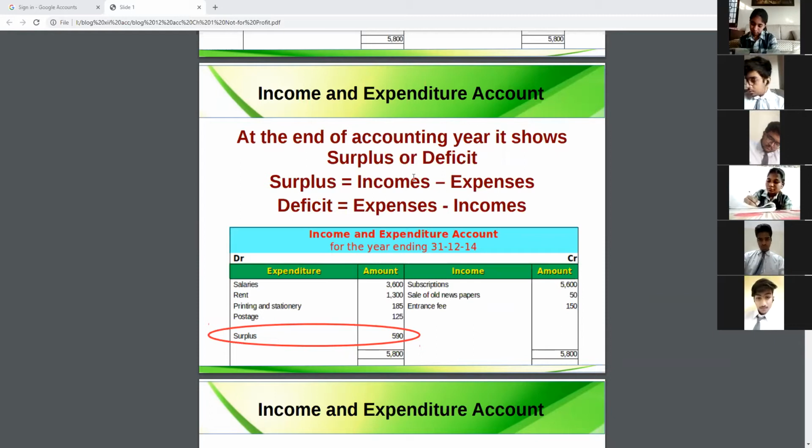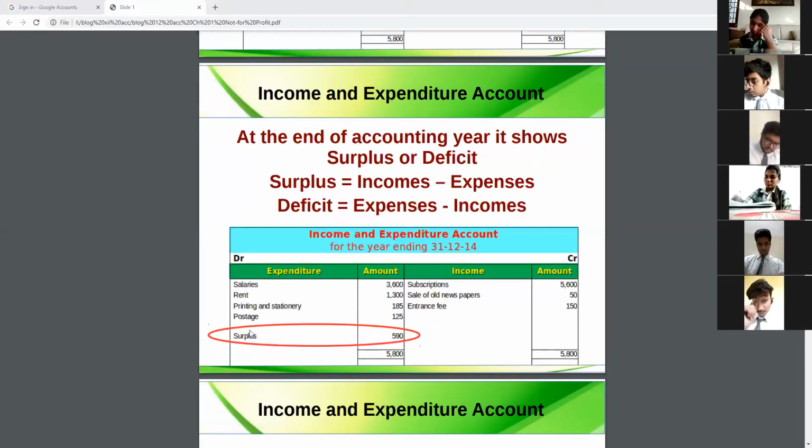Surplus is equal to income minus expenses. The total of this side is 5,800 and the total of this side is 5,210. So 5,800 minus 5,210, the remaining amount is 590. That will be termed as surplus.